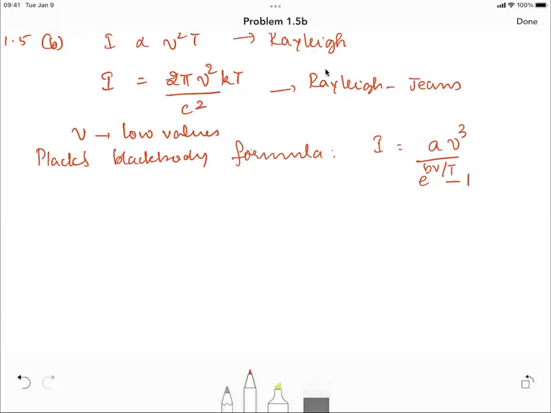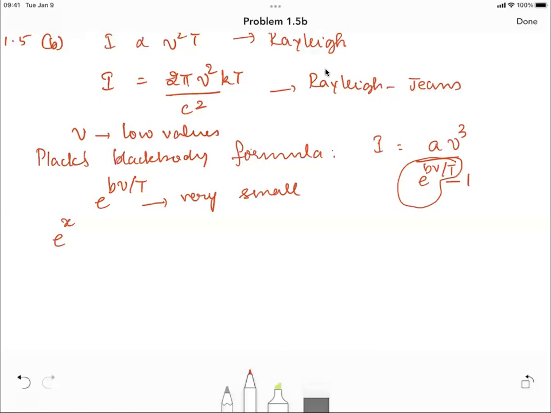At very low frequencies, the term b nu by t is also going to be very small. When we have terms like this, where e to the power x is pretty small, we can use the Taylor expansion of e to the power x to simplify the problem.